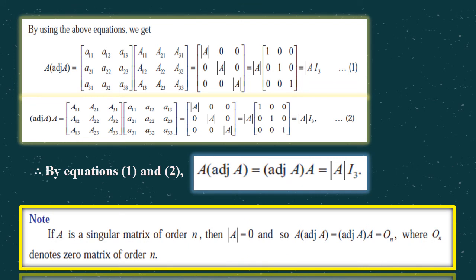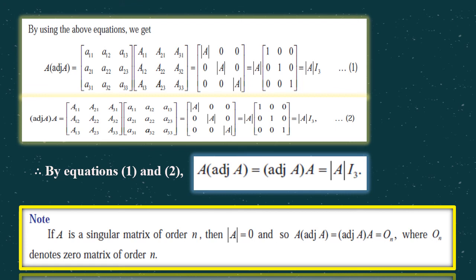Now a note is given in your textbook. If capital A is a singular matrix of order n, then determinant A equal to 0 and so A into Adj A equal to Adj A into A equal to the zero matrix of order n. It is very obvious, no? Determinant A equal to 0 means, see the previous theorem, the answer will be determinant A into I3.